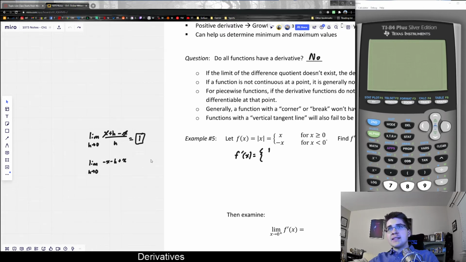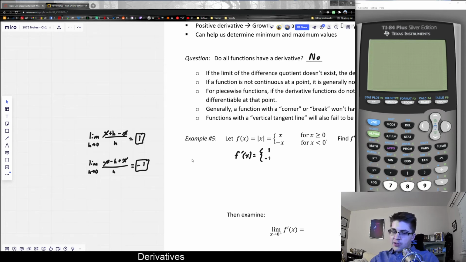Then minus f of x, minus the original function. Minusing a negative always makes plus x, and this is all divided by h, which gives us cancellation once again. I'm left with negative h over h, which is negative 1. Essentially, the slope of that line would be negative 1 instead.